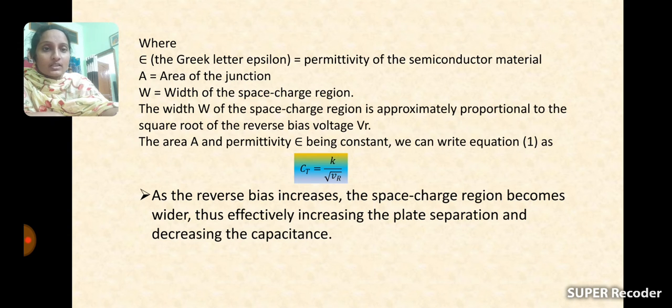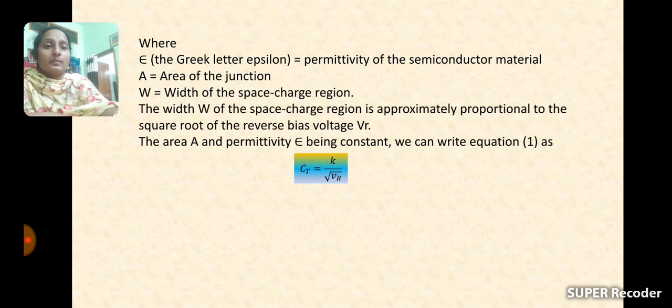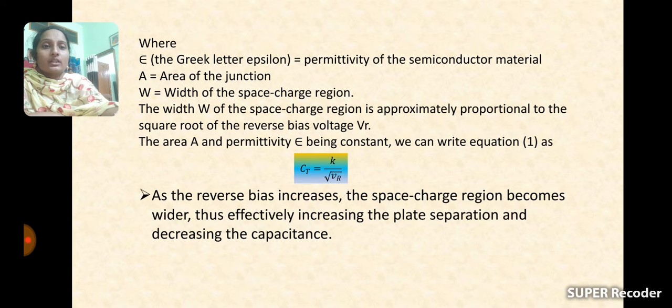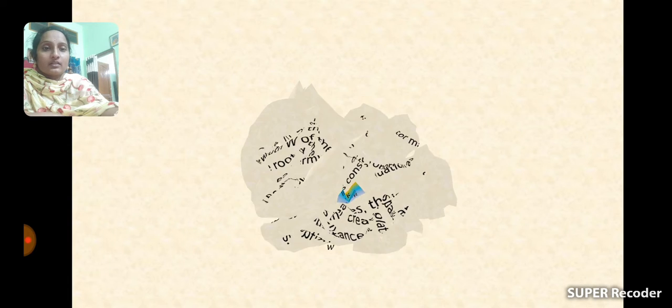So according to this, total capacitance Ct is equal to K by under root VR. As the reverse bias increases, the space charge region becomes wider, thus effectively increasing the plate separation, so that capacitance will be decreased.